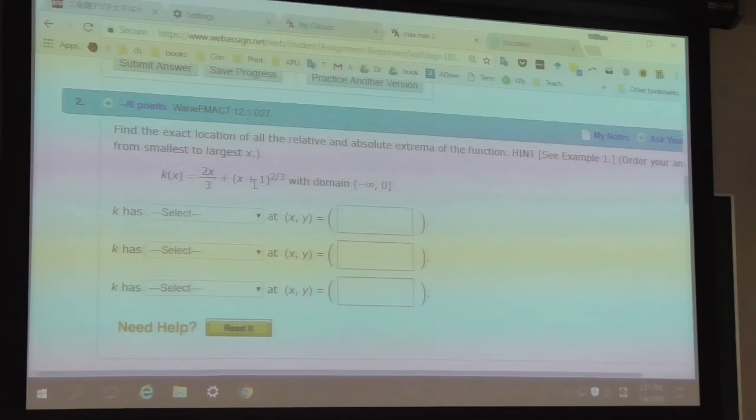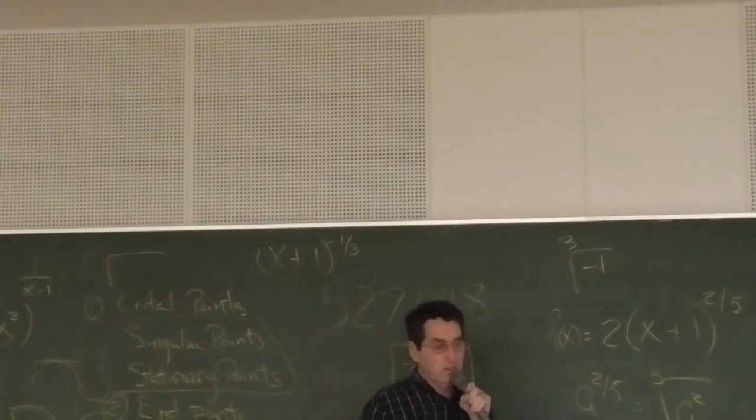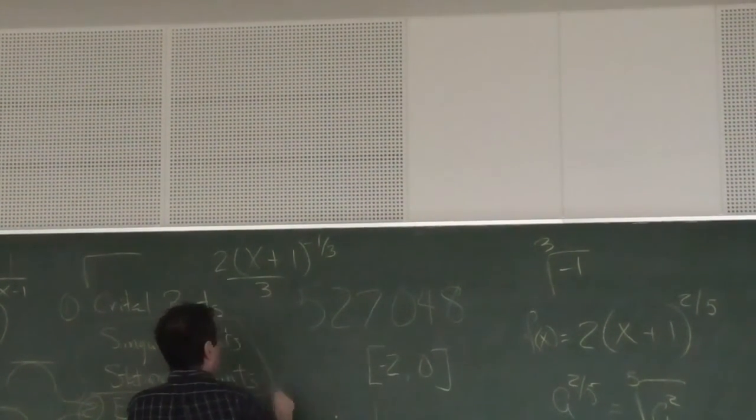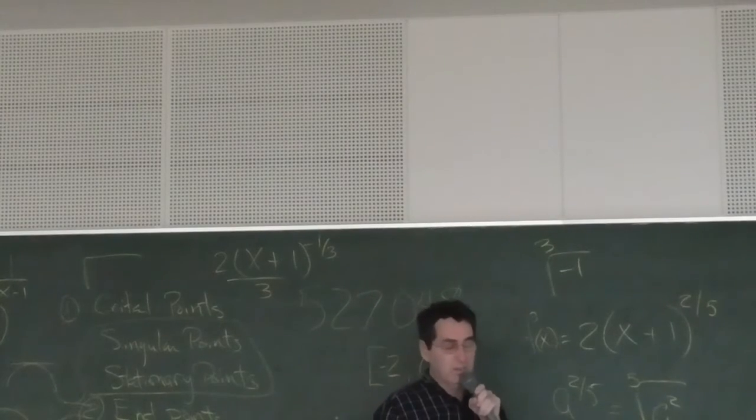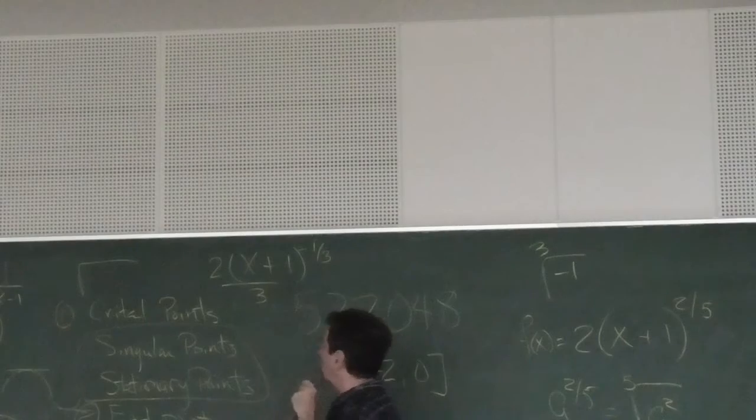This is x plus 1 to the negative 1/3, right? Isn't that right? Oh, thank you. But it is negative 1/3, right? Yes, negative 1/3. And then we have to add on plus 2/3, right?